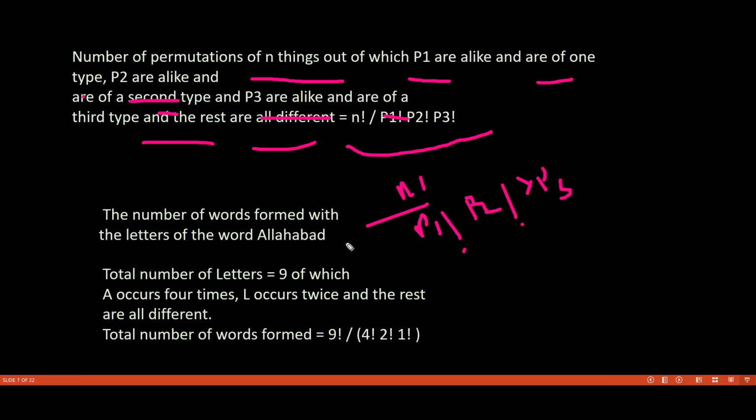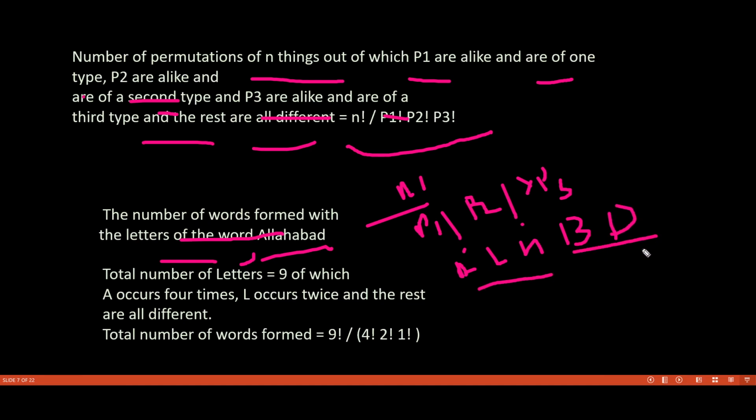So see this word Allahabad. The number of words formed with the letters of the word Allahabad. How many distinct letters do you have? You have A, L, H, B and D. So we have 5 distinct letters, and the total number of letters is 9. So what will be the answer here?